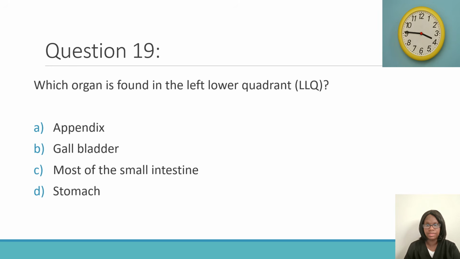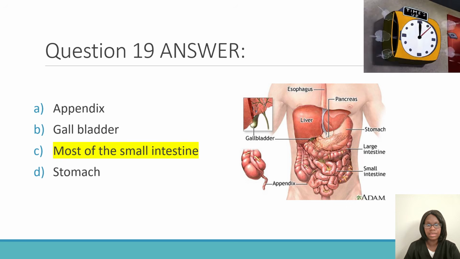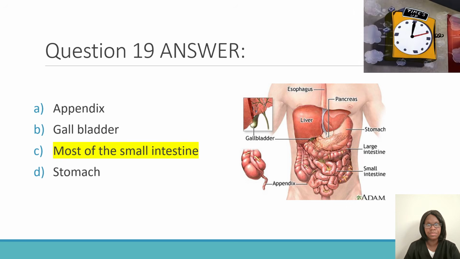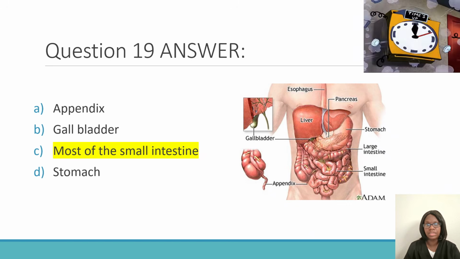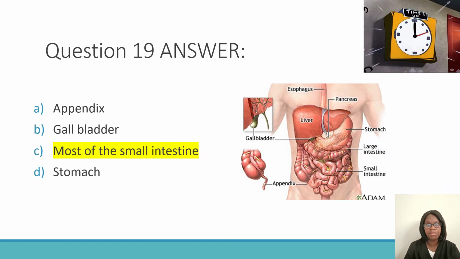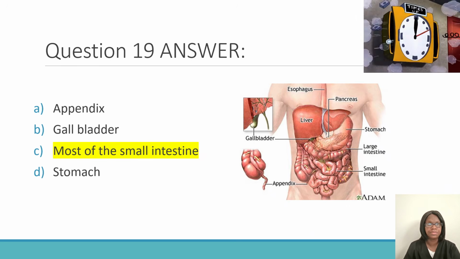Okay, the correct answer is C, most of the small intestine. So the appendix is found in the right lower quadrant, the gallbladder is found in the right upper quadrant, and the stomach is found in the left upper quadrant.